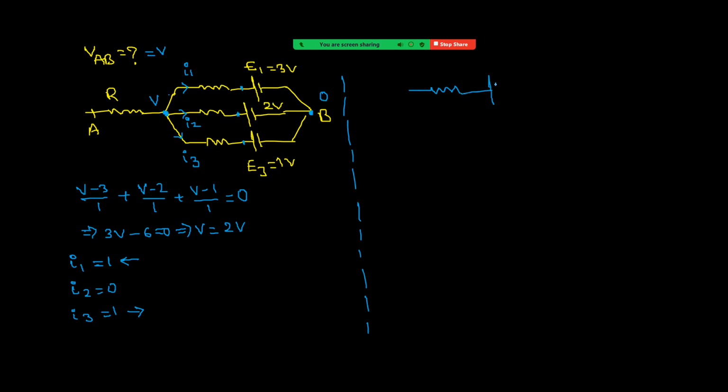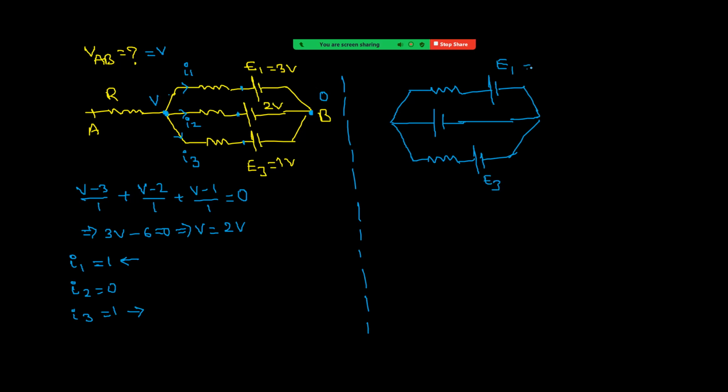This is now E1, no change in this. Coming here, this is a battery, and the resistor is now short circuited. Next, this is as usual a resistance and a battery. So E1, E2, and E3.